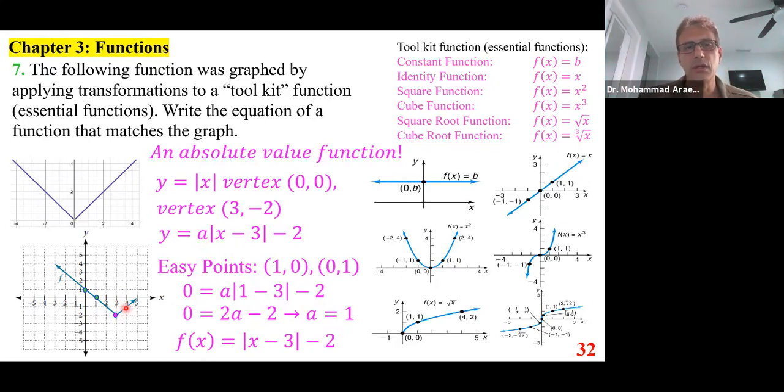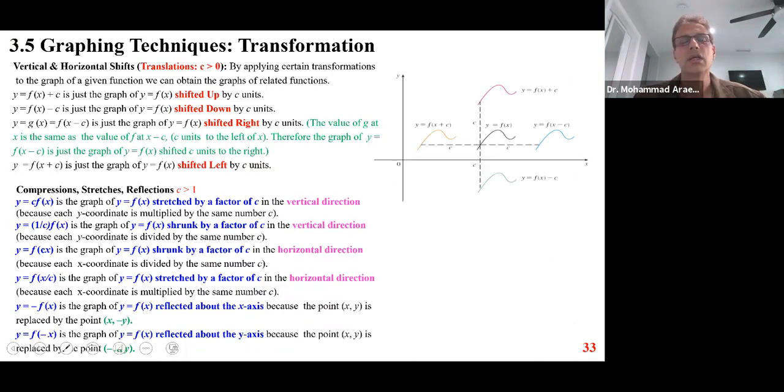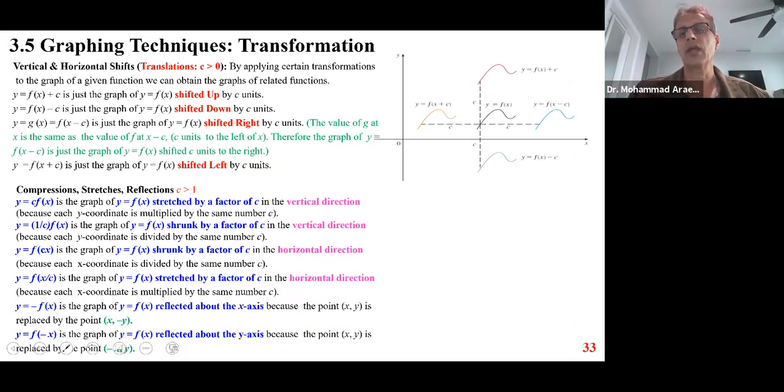The synopsis of the transformations is explained in the PowerPoint, yet let's quickly recap this. If a function y equals f of x, we are assuming c is positive.